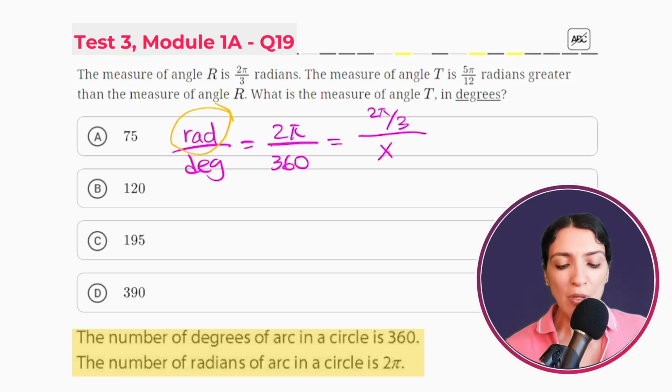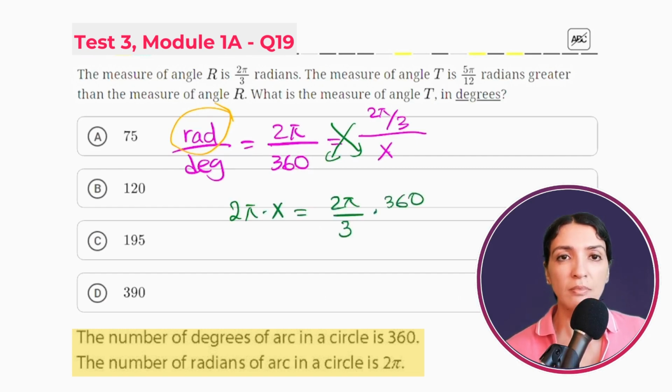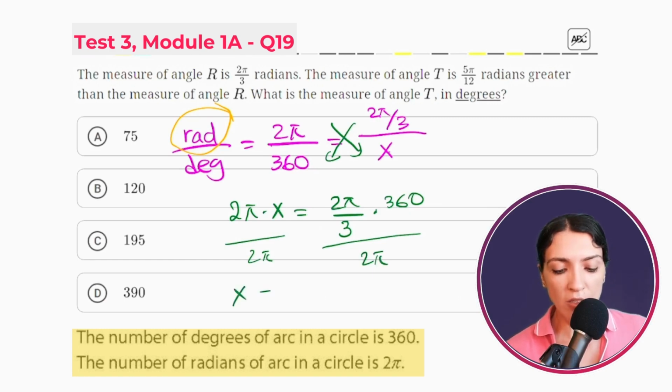And again, we'll use cross multiplication and we'll solve x to be as 2 pi times x equals 2 pi thirds times 360. And at this point, we can divide both sides by 2 pi. And we will get x to be 360 over 3, which is 120.